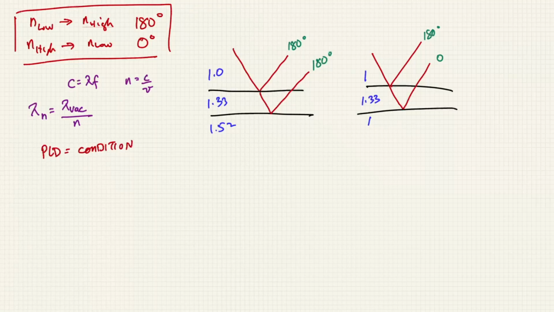There are two rays that are coming off of this surface. There's this first reflected ray right here, and then there's this second ray that comes down, bounces off the bottom, and comes out.